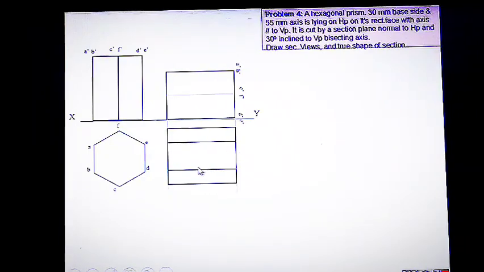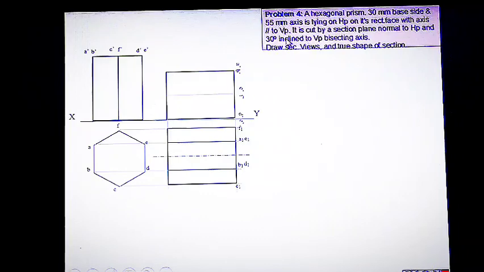Now we got the required position of the solid, which is resting on one of the rectangular faces. Now we have to locate the cutting plane.